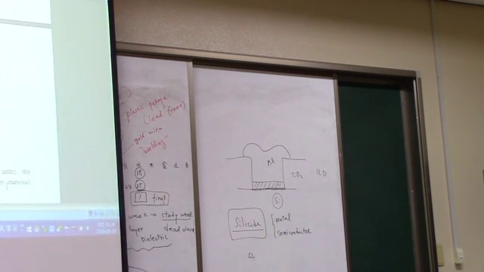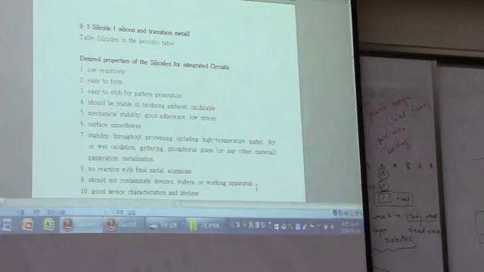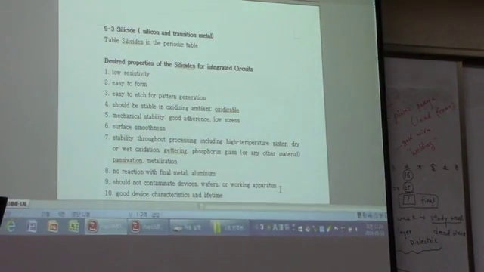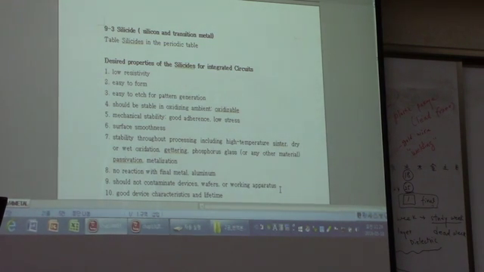The desired properties of the silicide: low resistivity, of course. If it has a high resistivity, then the contact of the metal to the silicon is not going to be good. It's going to be blocked by high resistance material. So, firstly, it should have low resistivity, easy to form. If it is difficult to form, then what's the use? Okay, easy to etch and stable in the oxidizing ambient, because the silicide is going to be formed on the silicon.